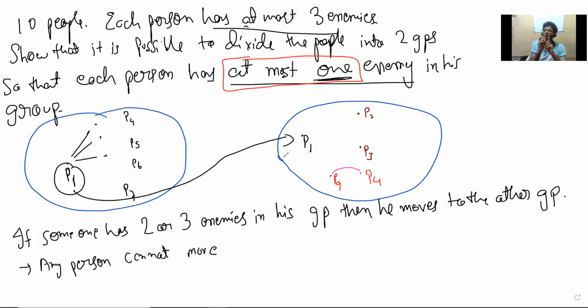Now, if you are having to move this person back again, it means that two of those people have landed up here. That's why we are moving that person back to his original group. Now this person has at most one enemy in his group, let's say exactly one enemy in his group.